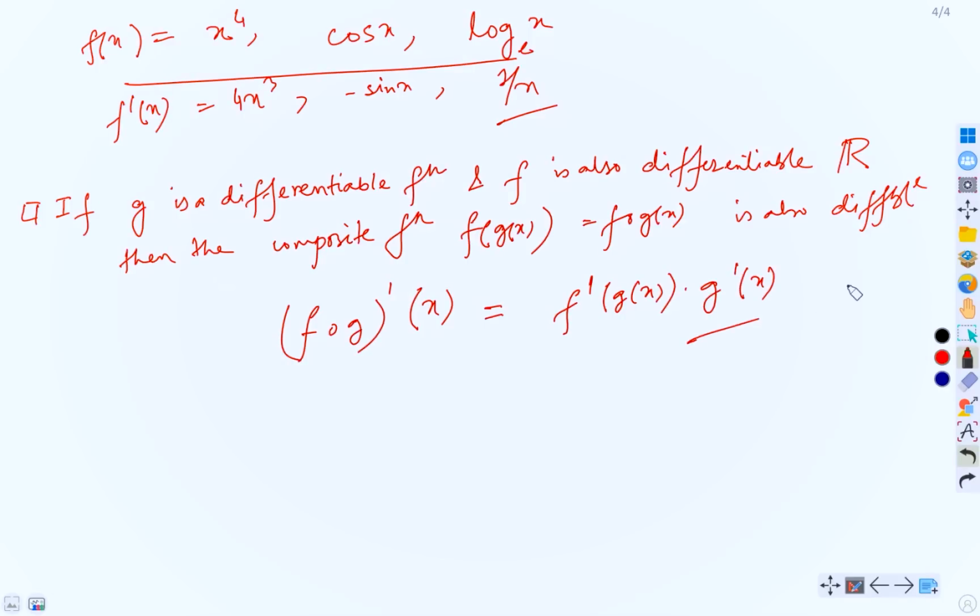This is the formula for computing the differentiation of a composite function. We have seen the composite functions, we did lots of numerical problems on composite functions, right? So how to calculate the differentiation of a composite function? So this is the theorem, and based on this we will do some problems now.